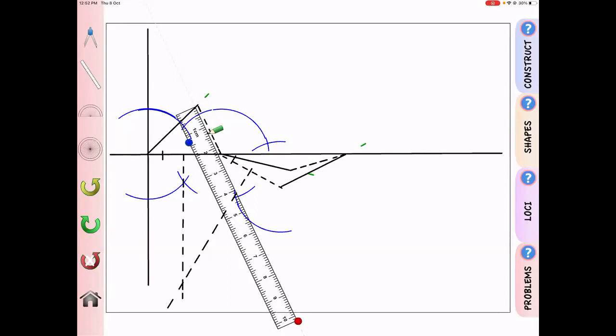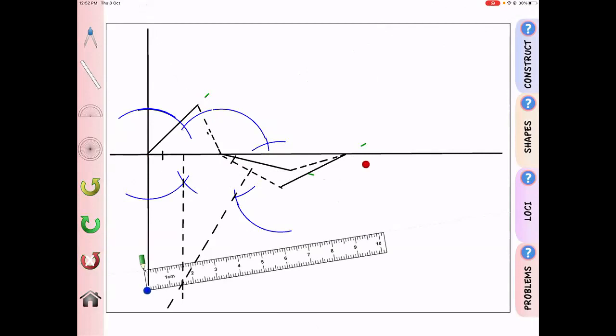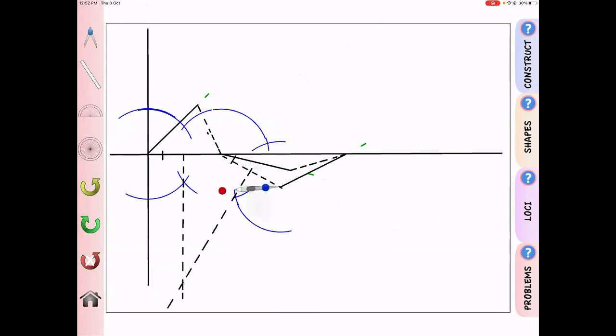Let me extend this midpoint. Yeah, this is the problem. Now let's take the midpoint from this compass, okay? It would be good to have this. We have the same arc actually, these ones, okay?